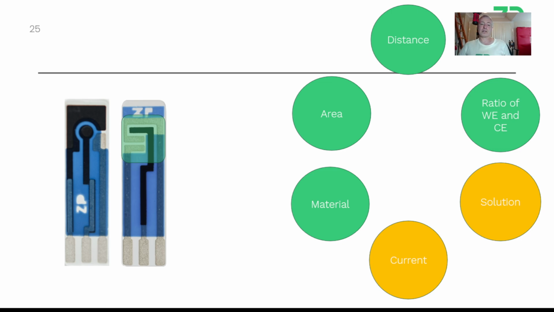I'm saying that the things that influence the compliance voltage, especially when talking about screen printed electrodes, are distance. The distance is something that most screen printed electrodes get right. The area is not always got right, and it does lead to high compliance voltages.